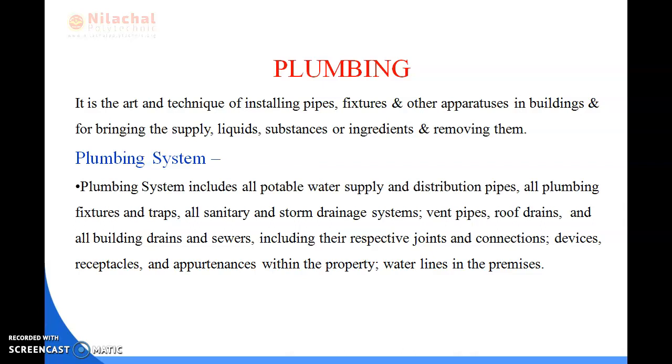Plumbing system includes all the potable water supply and distribution pipes, all plumbing fixtures and traps, sanitary and storm drainage system, vent pipes, roof drains, building drains, sewers, connections, joints, devices and other appurtenances within the property, water line in the premises. This is about the plumbing system.